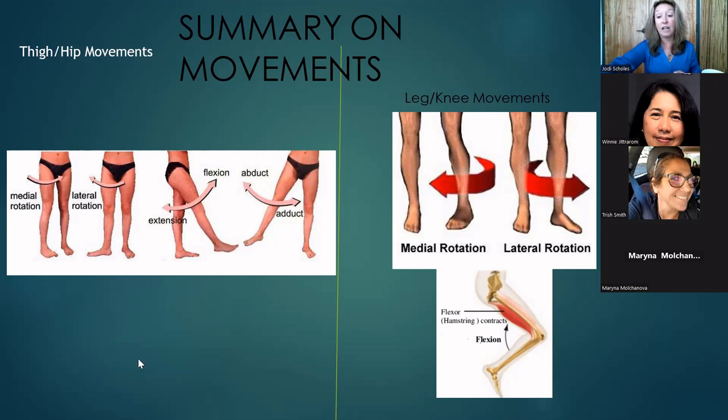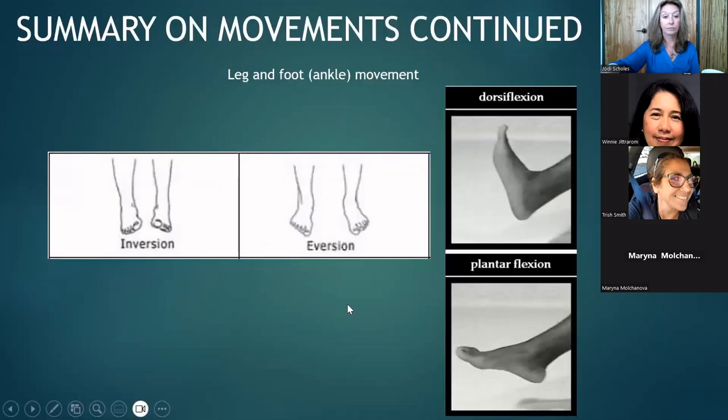At the knee, we have flexion and extension, but only like we have it at the elbow. So flexion and extension. And then with our ankles and feet, we've got inversion and eversion. We've got dorsiflexion and plantar flexion. You know these. You've seen these before.